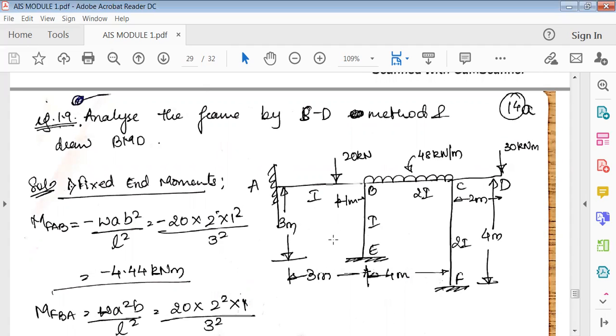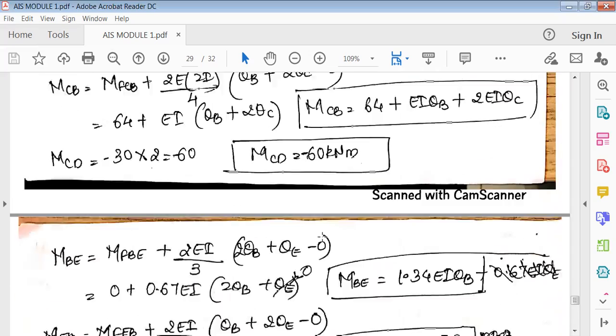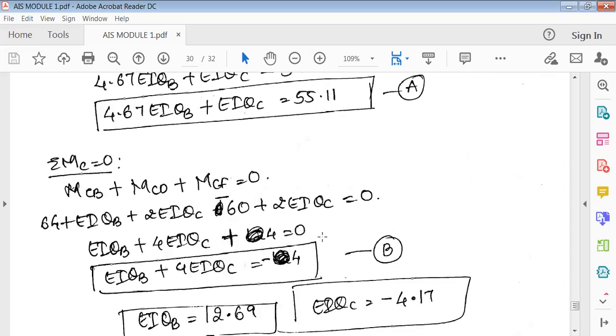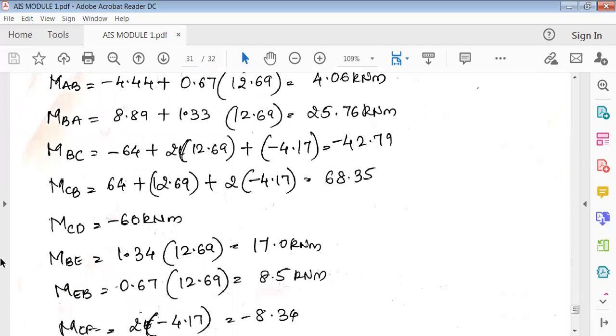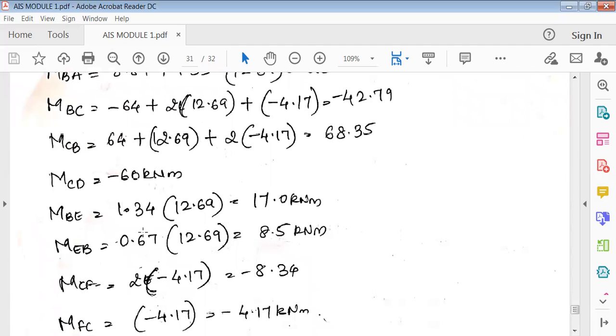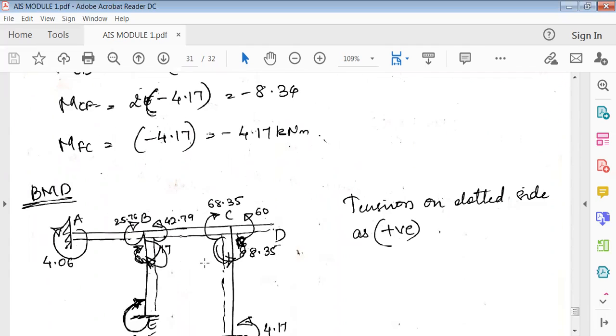I've already told you, whenever there are 3 members meeting at one single joint, the bending moment would be different. So you can see MBA is different, MBC is different, and MCB is different. Then MCD we have already calculated. Similarly calculate MBE, EB, substituting back all in the previous slope deflection equations.